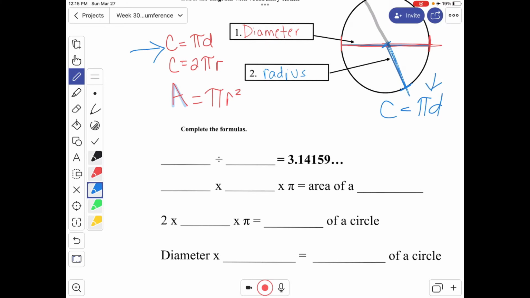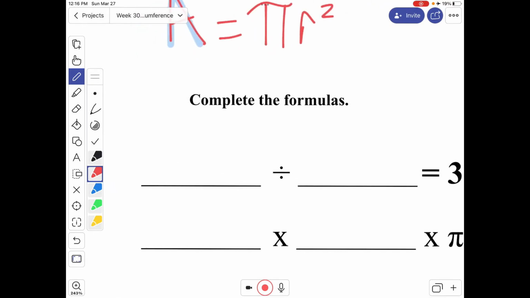Well, this side right here is multiplying pi times diameter. The opposite of multiplying would be dividing. So we'd have to divide by diameter, and that would get pi by itself. So on the other side, I have circumference divided by diameter. So that's what goes in the blank.